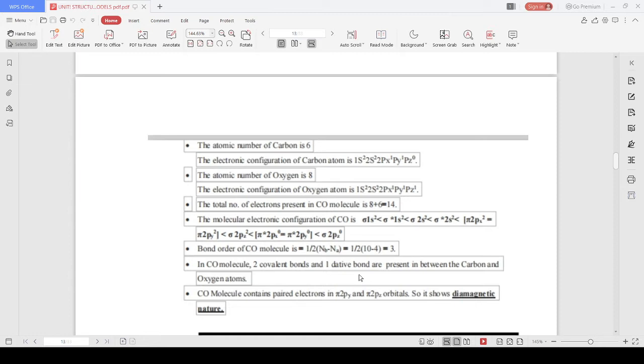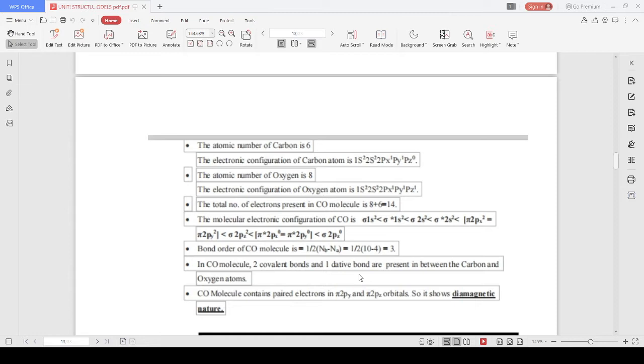The carbon monoxide molecule contains paired electrons in the pi 2py and pi 2pz orbitals, so it shows diamagnetic nature.